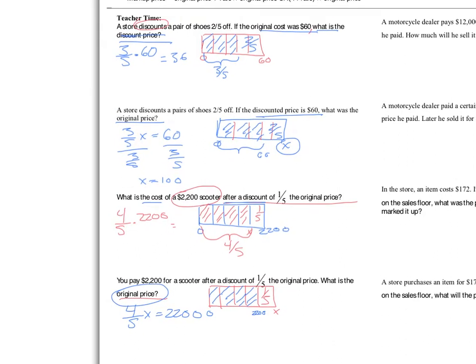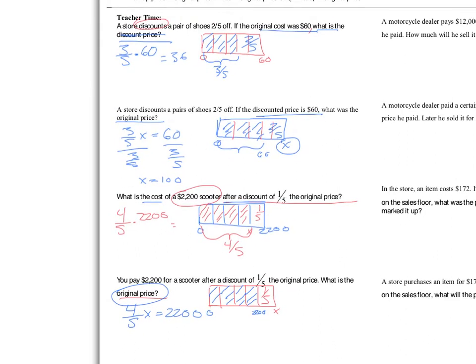So we can summarize here, looking at the discount problems, by making sure that we recognize when we are asked for the original price, we end up solving an equation, as we did in these two problems. Both of them ask for the original price. And in these two problems, when we are given the original price, it ends up just being our multiplication.